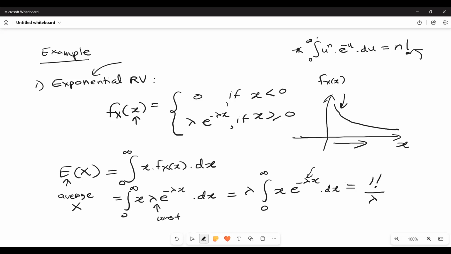And then I also have to consider the lambda which is outside. Okay, so another problem is there.